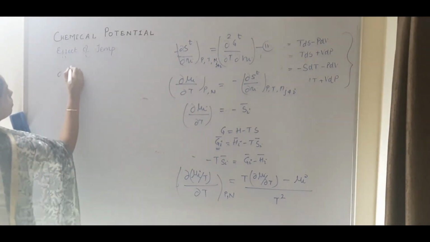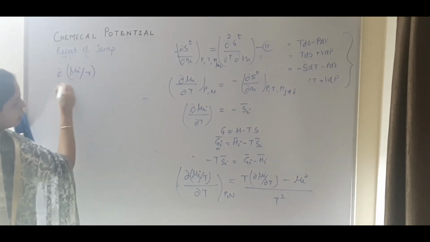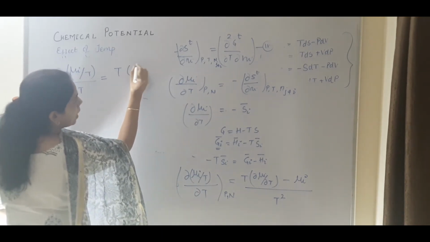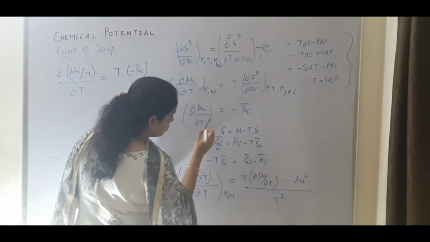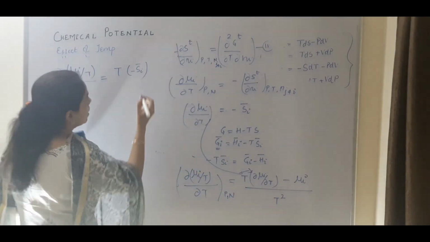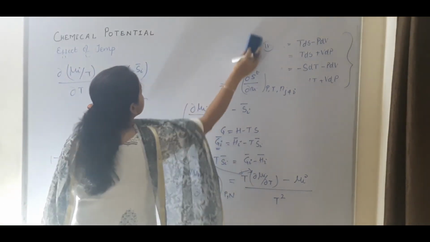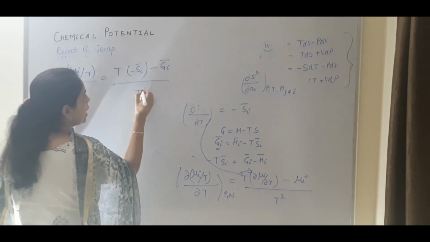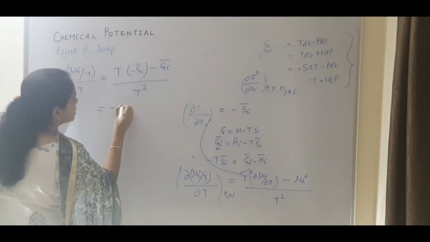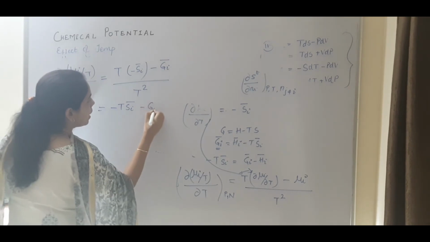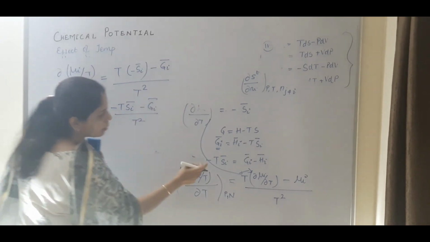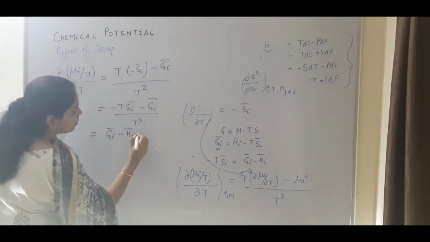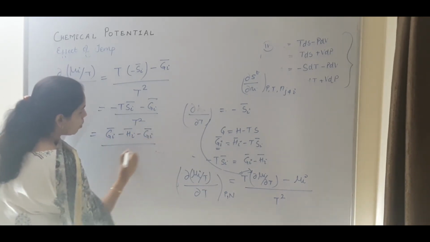So what we get, ∂(μ_i by T) upon ∂T is equal to T times minus S_i bar from this relation, minus μ_i. So μ_i is what? We know that this is G_i bar, the partial Gibbs free energy of any component i, upon T square. So this has become minus T S_i bar minus G_i bar upon T square, and we know that minus T S_i bar is equal to H_i bar minus G_i bar, minus G_i bar upon T square.